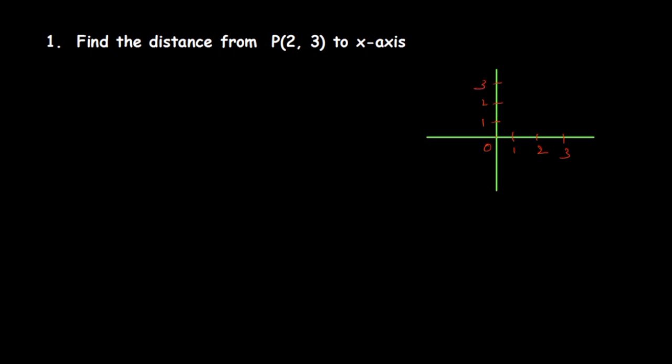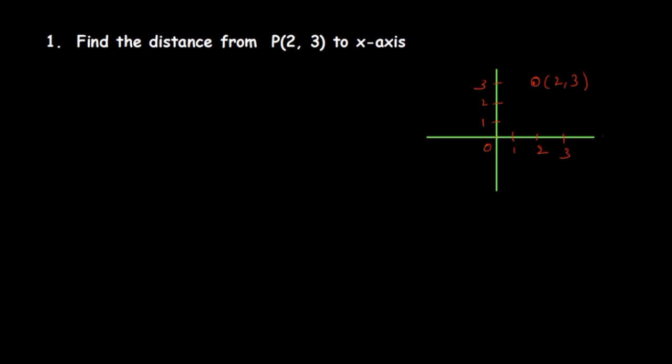So 2, 3 is a point here. This is the point 2, 3. And the question is, find the distance from 2, 3 to x-axis.